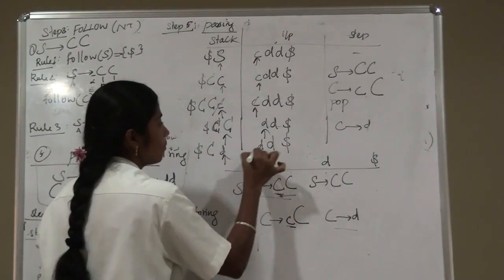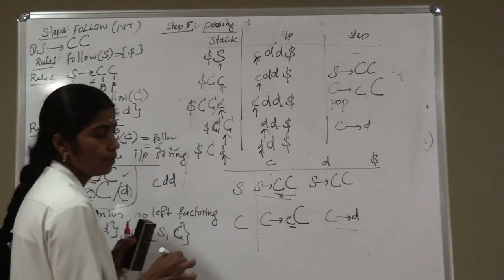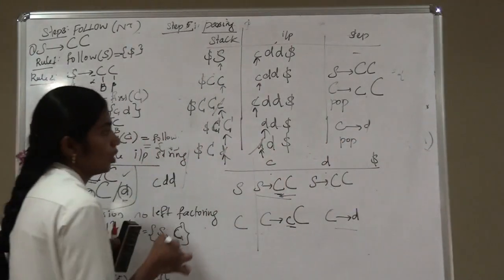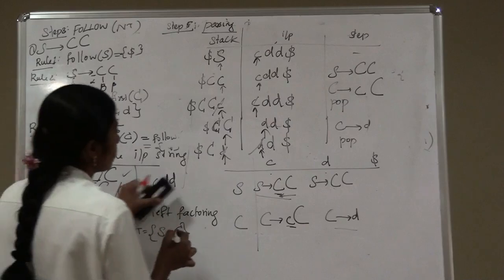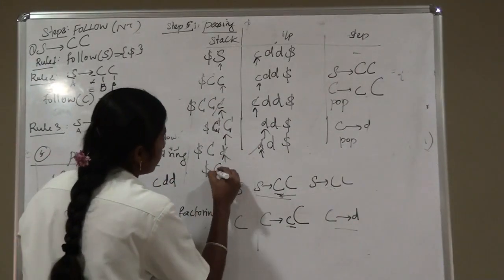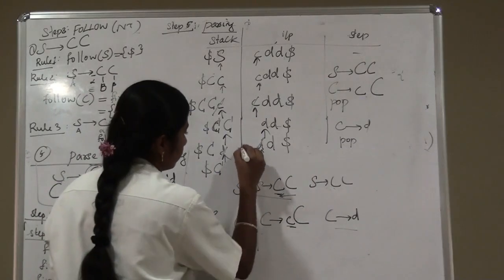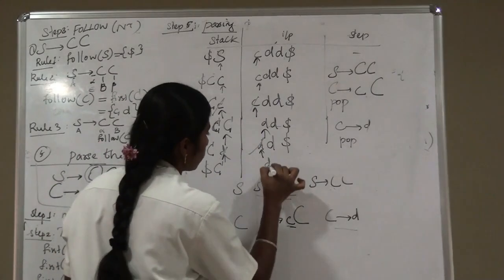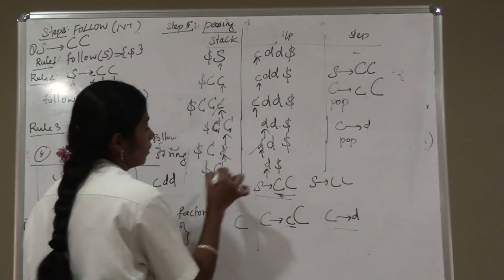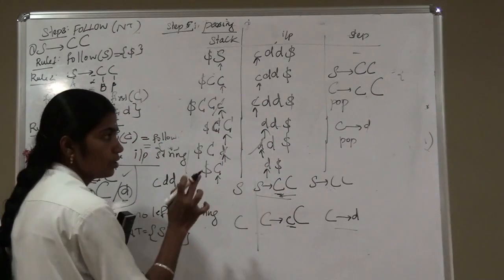Now your top of stack and input are the same. So if both are the same, I will pop that symbol out of the stack, and you have the remaining. What remains is only one capital C and one small d is left in the input. So what is the relation between the top of stack, capital C, and the input, small d?